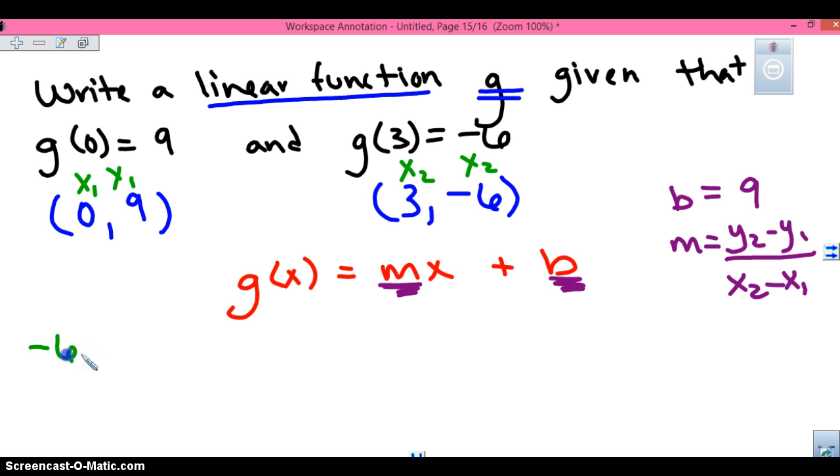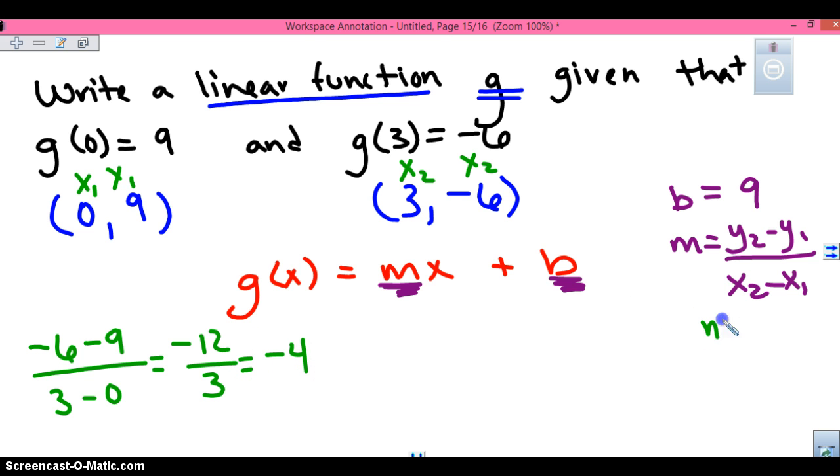We can say negative 6 minus 9 over 3 minus 0. That means negative 12 over 3 is equal to negative 4. So our slope is negative 4. And we can write our equation. G of x is equal to negative 4x plus 9.